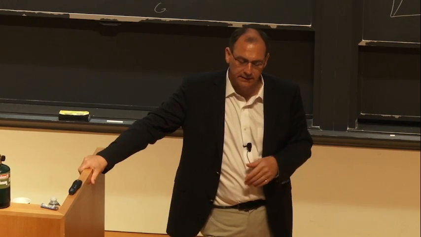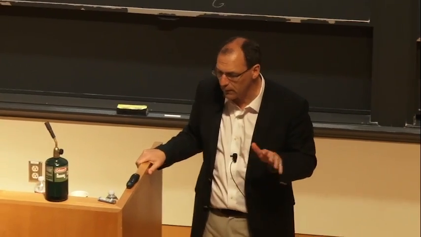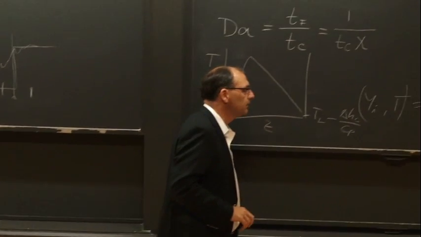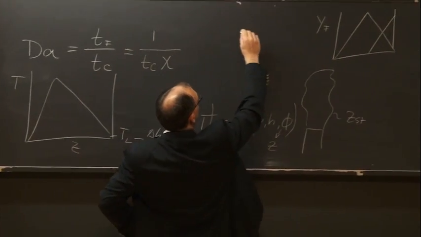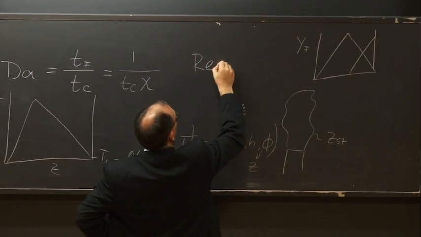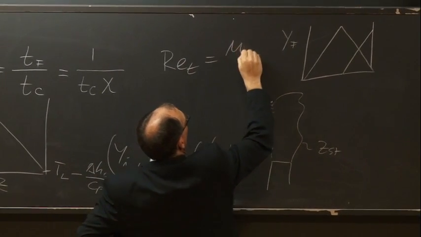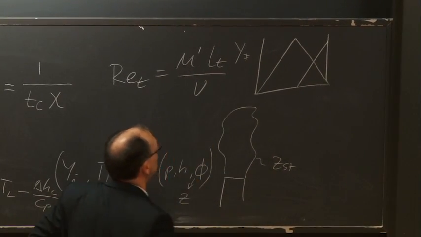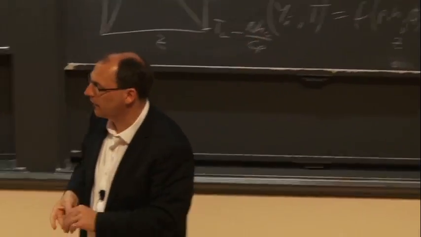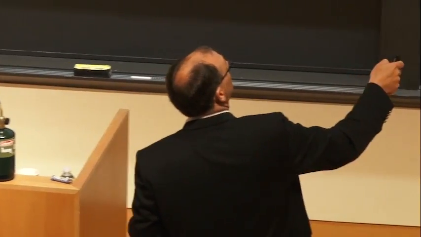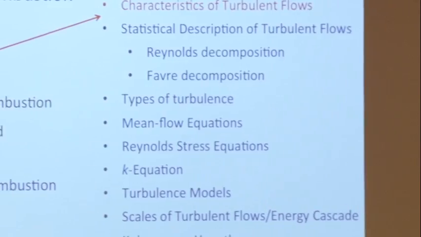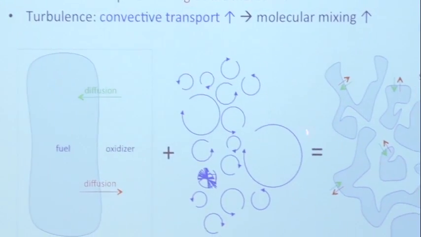To assess this, you can relatively easily show that the mixing rate goes with the turbulence Reynolds number. Turbulence Reynolds number, that would be U prime times LT divided by nu. U prime is a characteristic velocity fluctuation, so let's say it is this here, okay? And then LT would be the size of the large turbulent eddies, something like this.